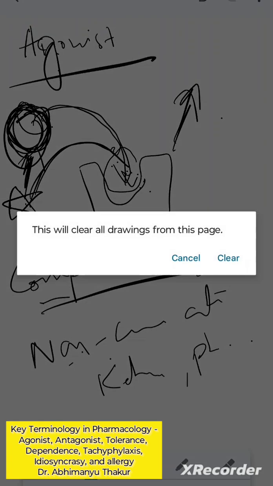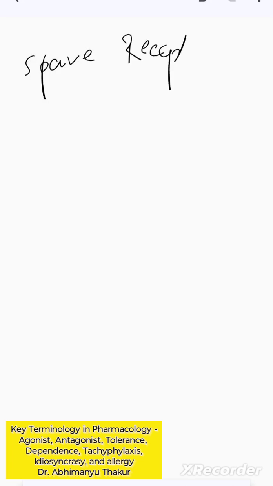Then there are other terms, for example, spare receptors. They are the extra receptors present, and they produce the maximal response at less than full occupancy. For example, beta adrenoceptors in the heart.